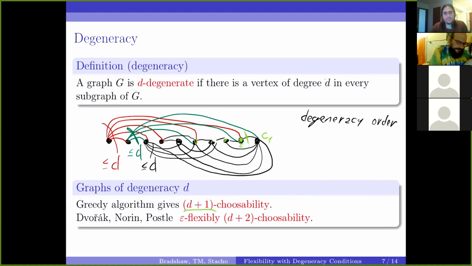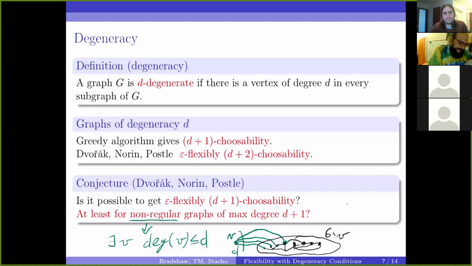But for flexibility, it's not the case. Dvořák, Norin, and Postle showed that we can do this in a more complicated way with D+2 colors. And that's one color more. And I will show later it might be quite a difficult question.